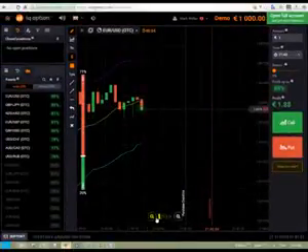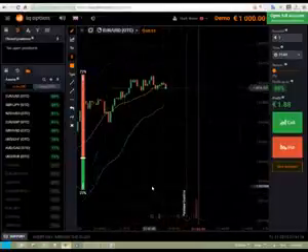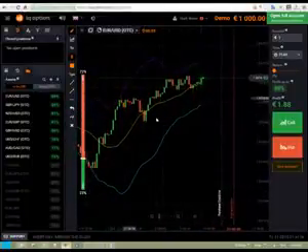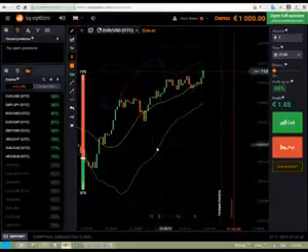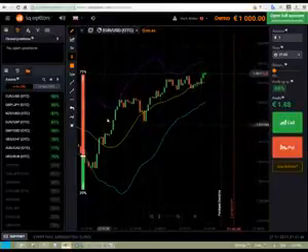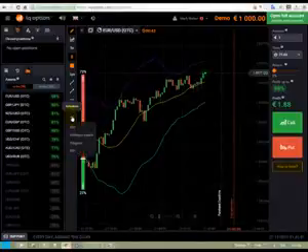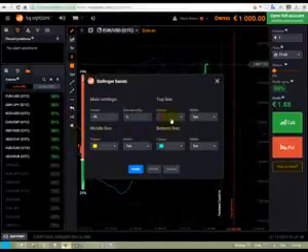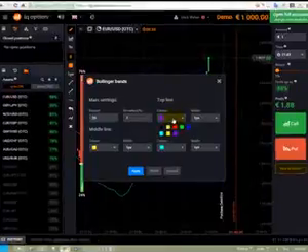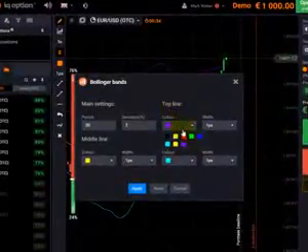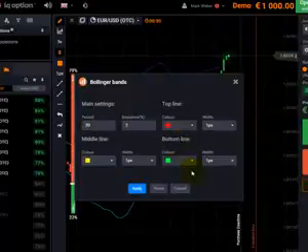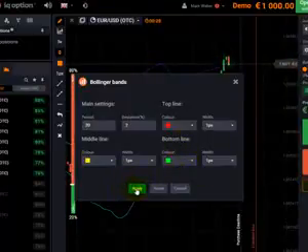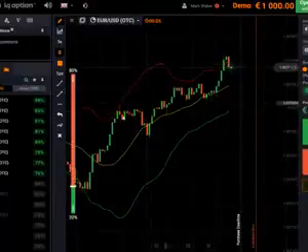Then we see that we have three lines: an upper line, a lower line and a middle line. Here we can change the colors. I usually put the top line with a red color and the bottom line with a green color. I will explain to you why later. And hit apply.